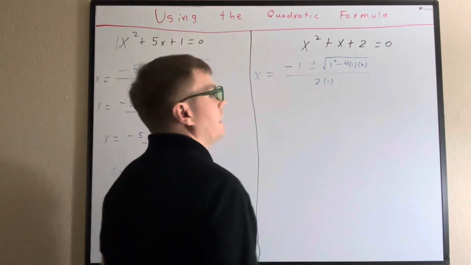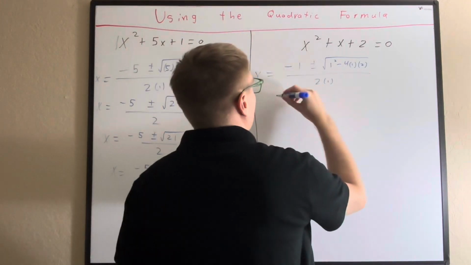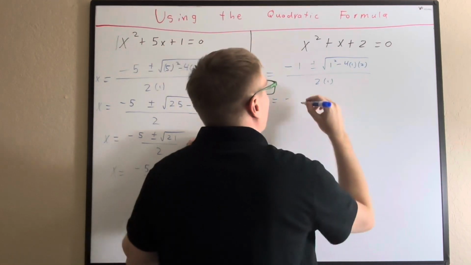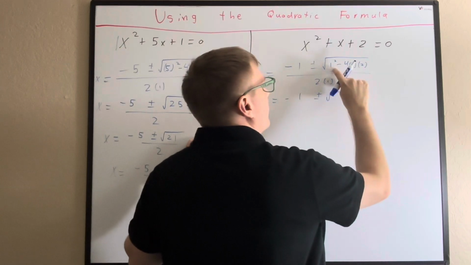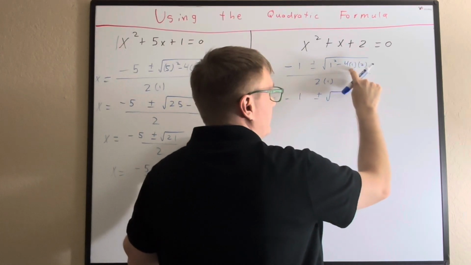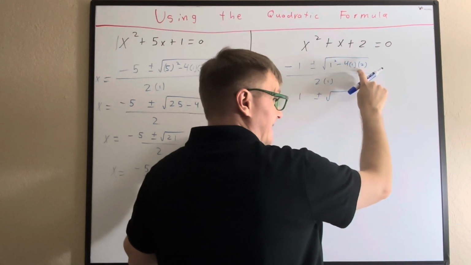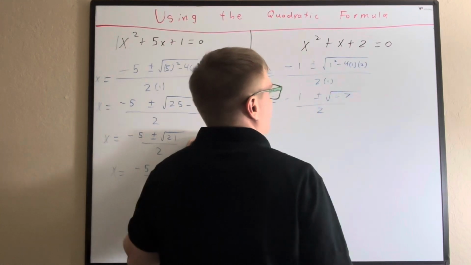X equals all that. -1 plus or minus square root. 1 squared is 1, minus 4 times 2 is 8, so 1 minus 8, -7 all over 2.